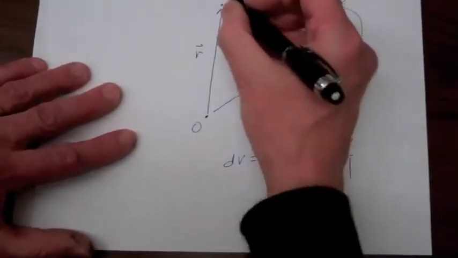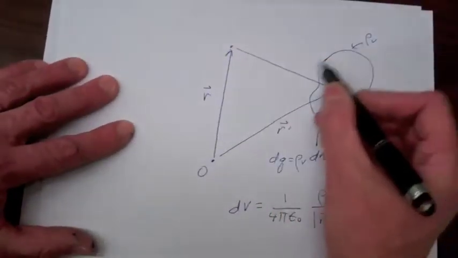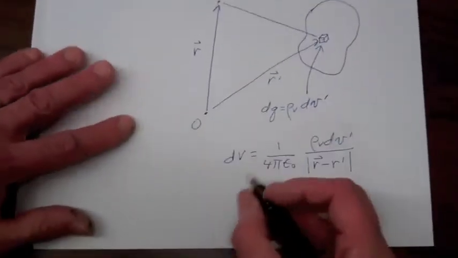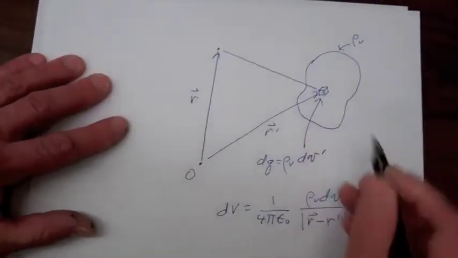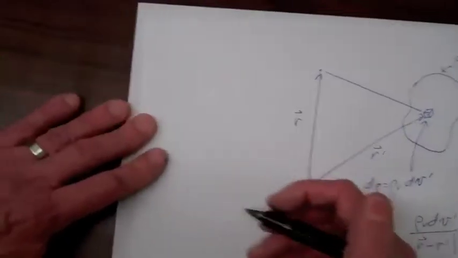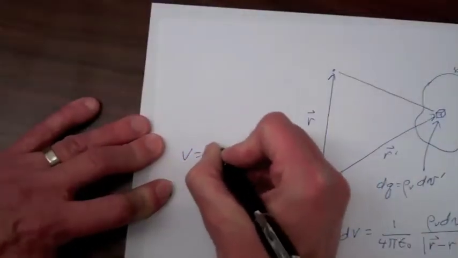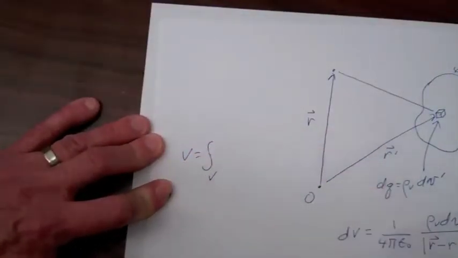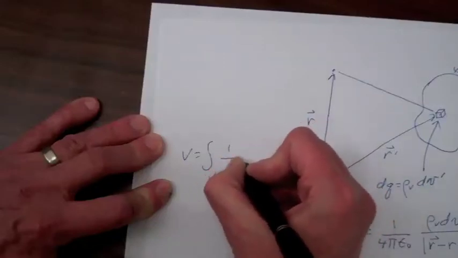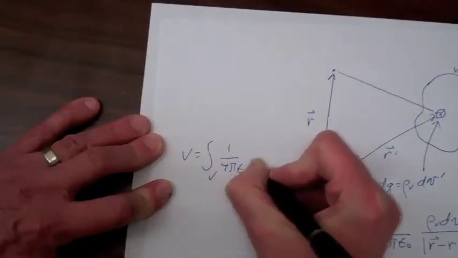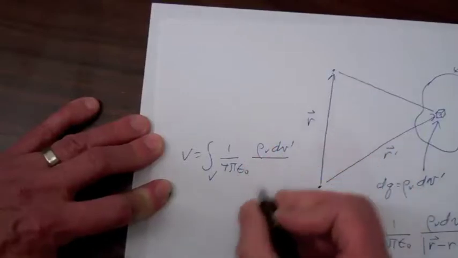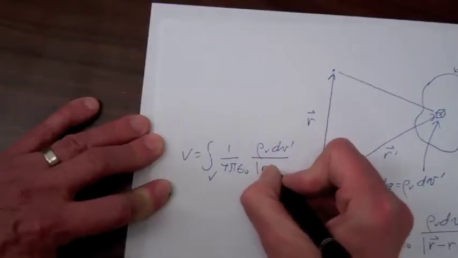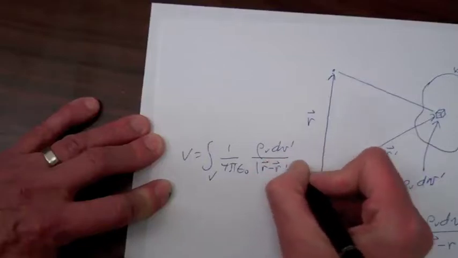To get the potential at location r due to this whole charge distribution, it's just the integral of all these contributions from each little dq, or V is equal to the integral over the volume of 1 over 4 pi epsilon sub 0 rho sub v dv prime over the magnitude of r minus r prime.